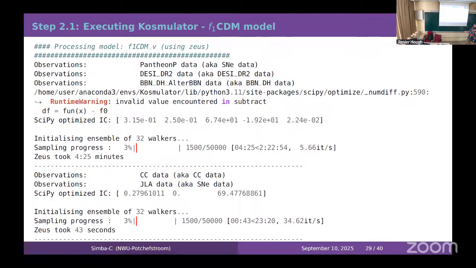Here's the F1 model, the non-linear one, and it took a tiny bit longer. This model, earlier in the year, on a standard way of doing it, not vectorized, took me and Shamble 60 hours to run. So getting it down to 4 minutes was quite surprising. We are still surprised by that.